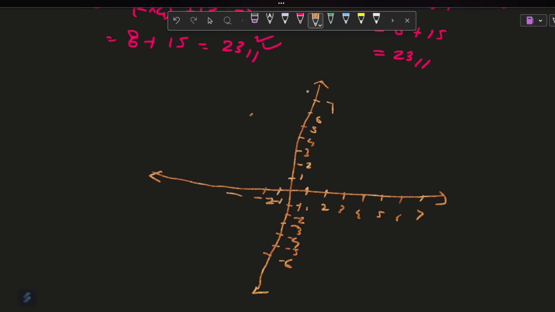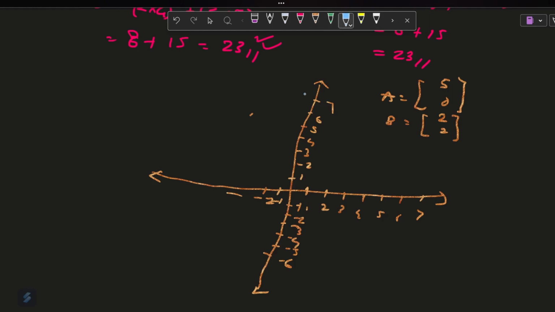So vector A is 5 and 0, and similarly vector B is 2 comma 2. So we have two vectors.